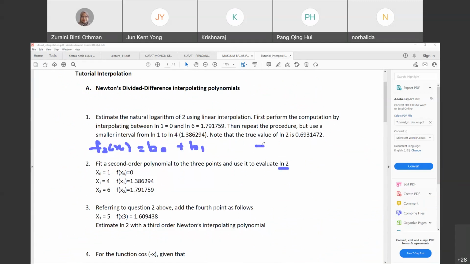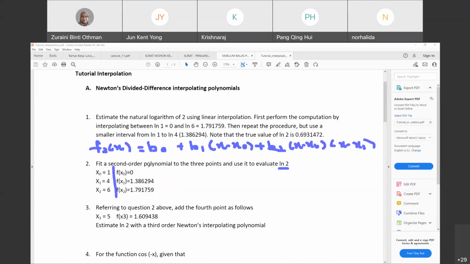B0 plus B1 (x tolak x0) plus B2 (x tolak x0)(x tolak x1). Okay, now you have to find B0, B1, B2.